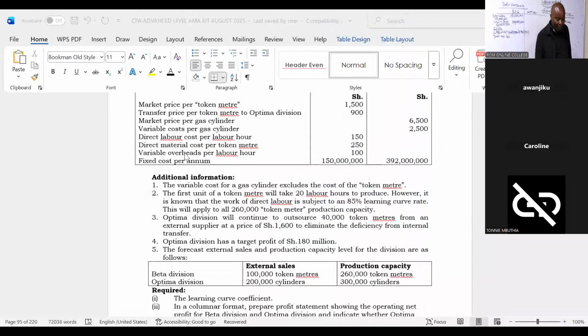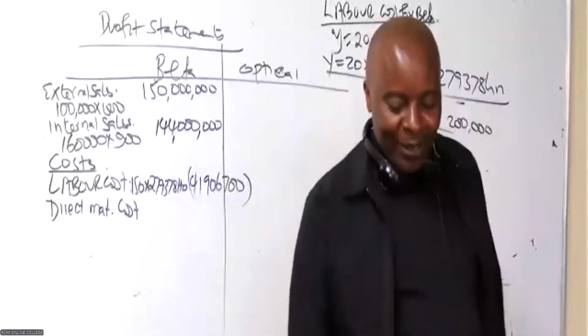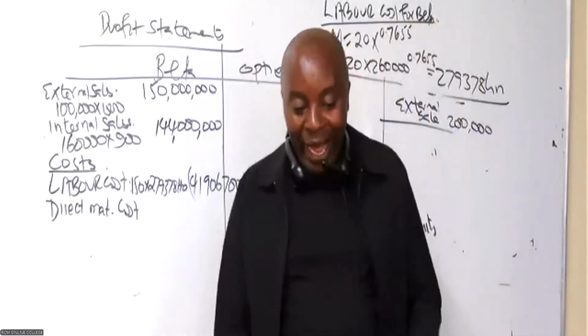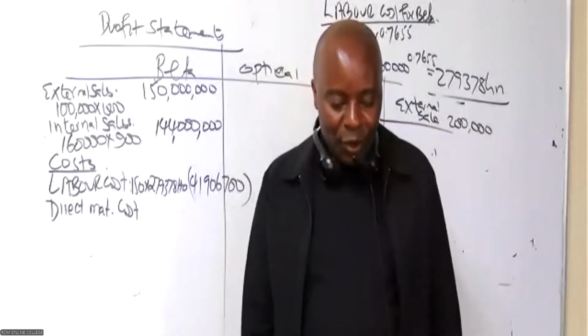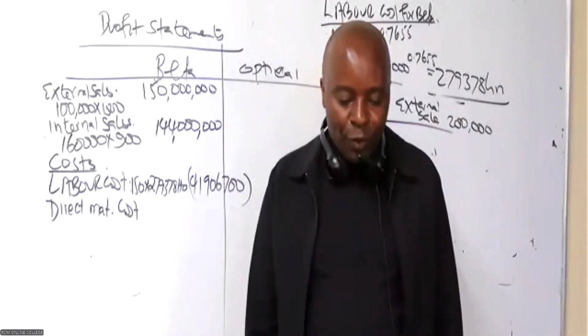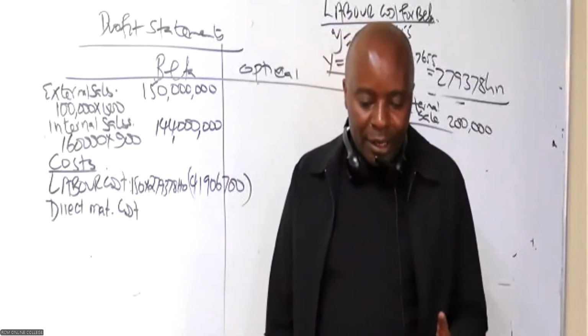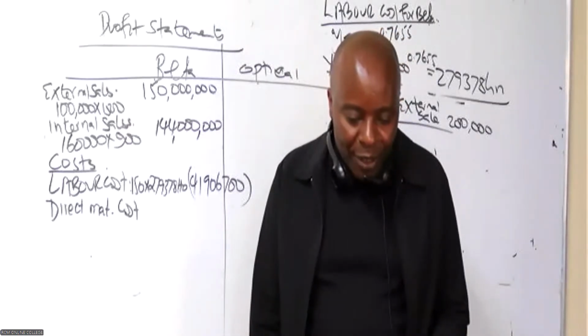So direct material cost per token meter. So then, telling me I should take what times what? For material cost, I should take 250 times. Why 40,000?